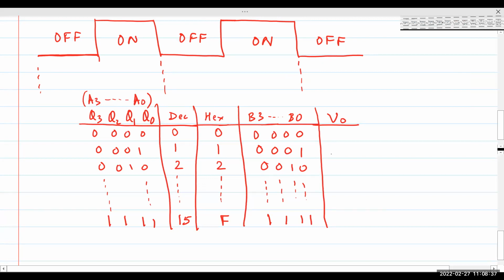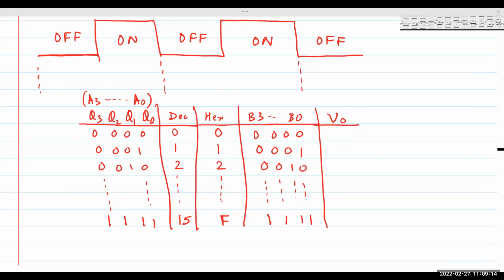So we set B3 to B0 to a value where the incoming A3 to A0 will be less than B for half the time and greater than B for the other half. That is only possible if you set the value of B in the middle. You have 16 states, so you set the value of B at 1, 0, 0, 0, which is 8.